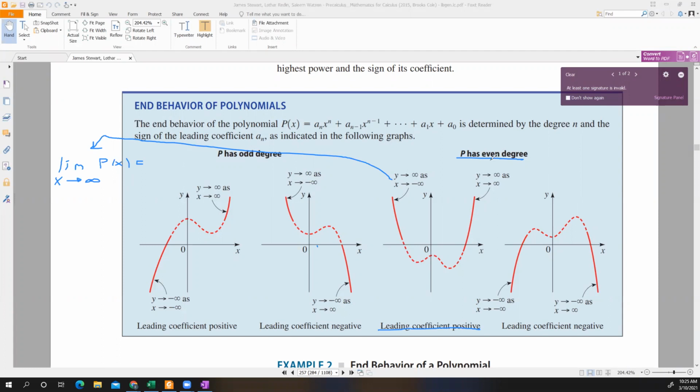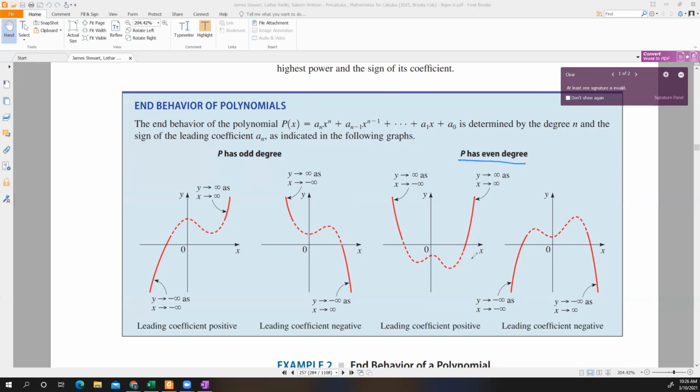If you have an even degree and your leading coefficient is positive, then the limit as x goes to positive infinity is positive infinity, and the limit as x goes to negative infinity is also still positive infinity, because when you raise a negative number to an even power, it becomes positive.